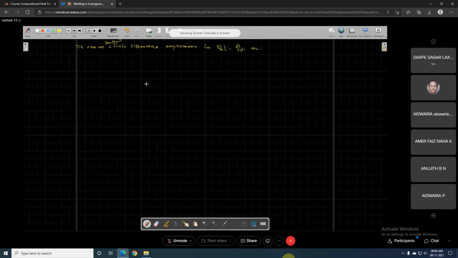Now, whenever these expressions are there, they have to satisfy certain properties. So today we'll discuss the properties of these expressions.